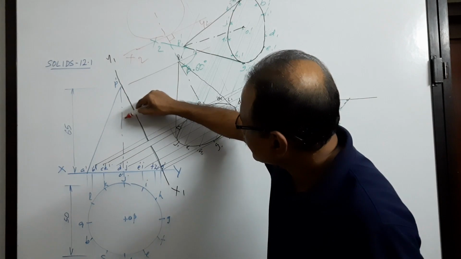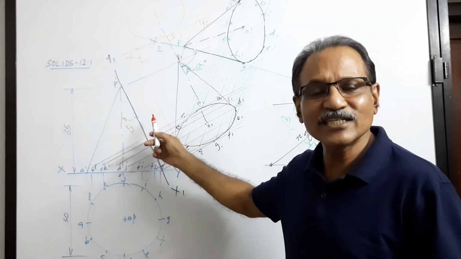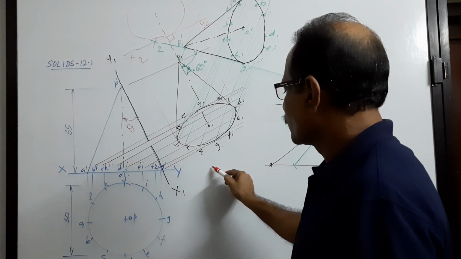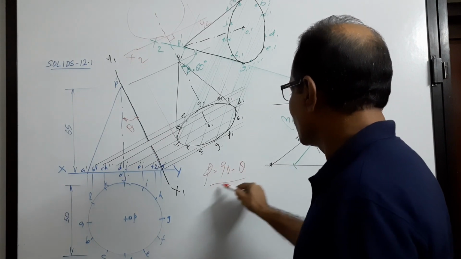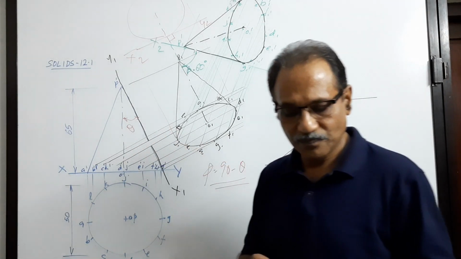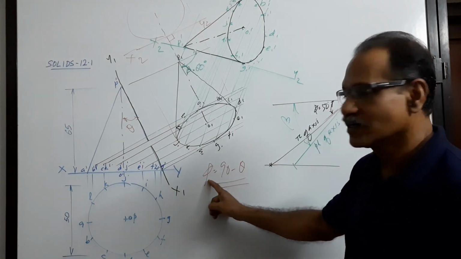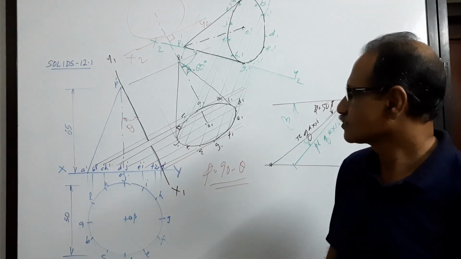This is theta, the inclination of the axis to HP. So phi is 90 minus the measured value of theta. After drawing this, you can find phi as 90 minus theta. I hope you understand.